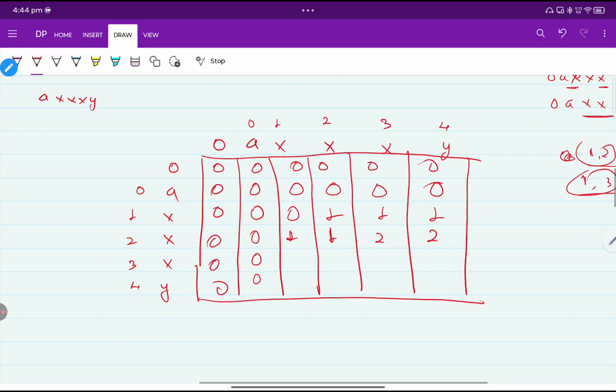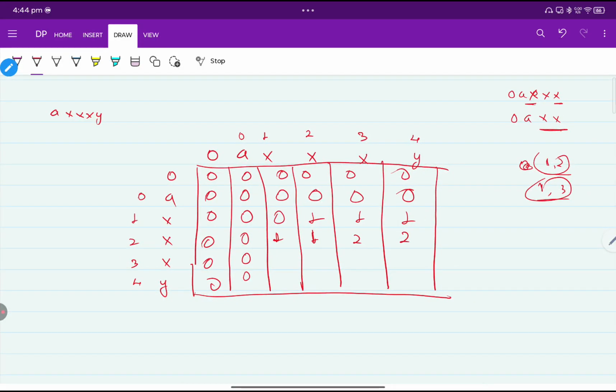For understanding, I created a table for AXXY.